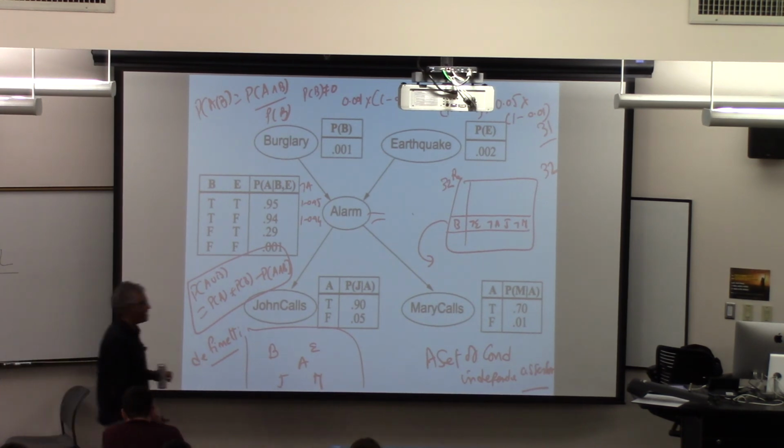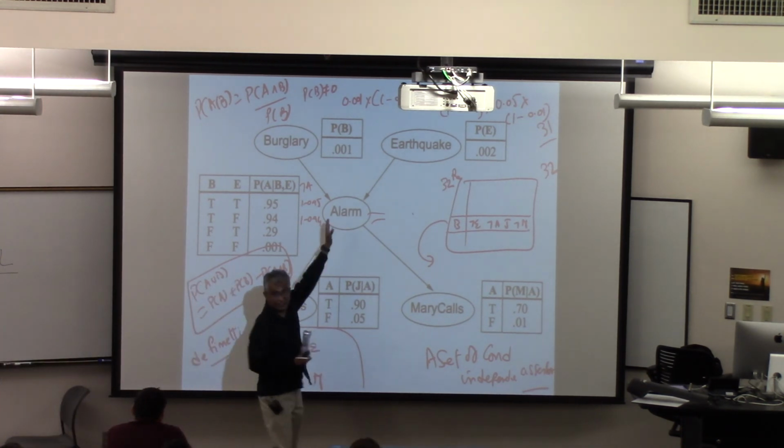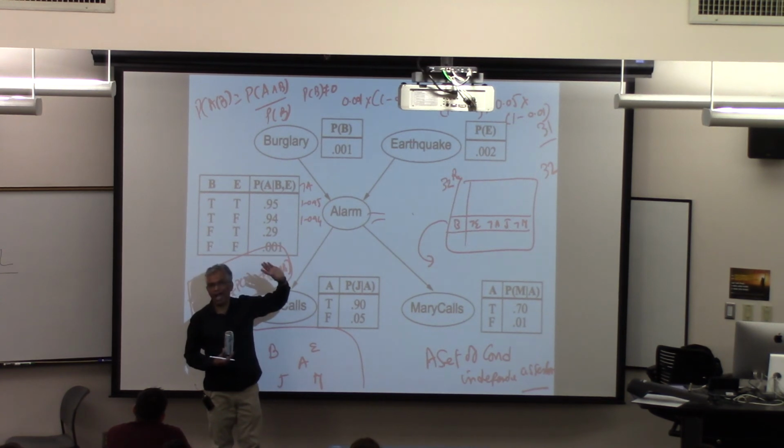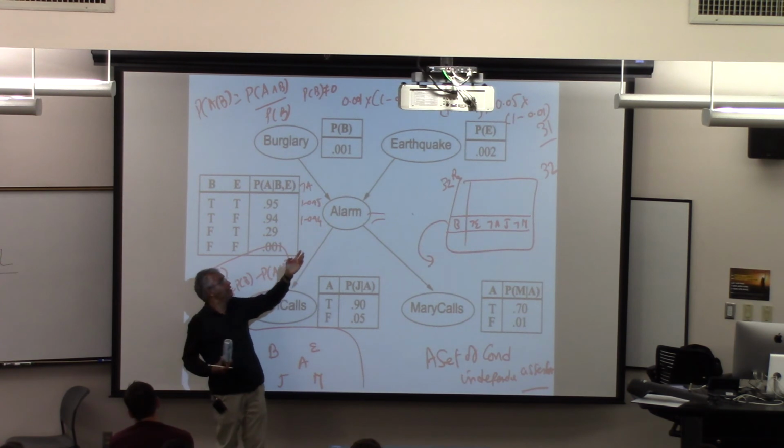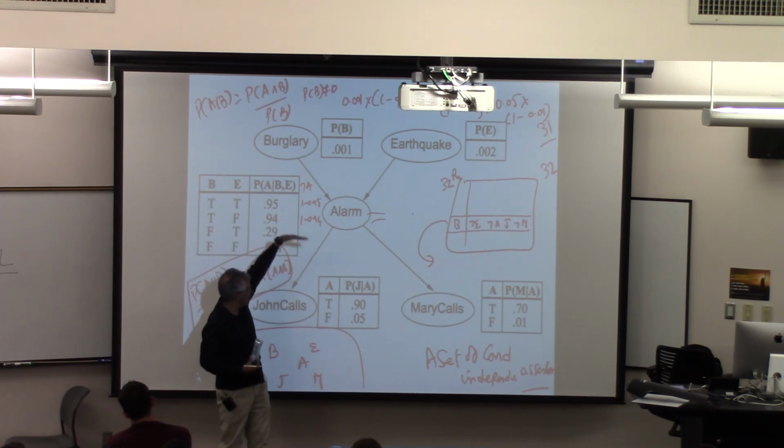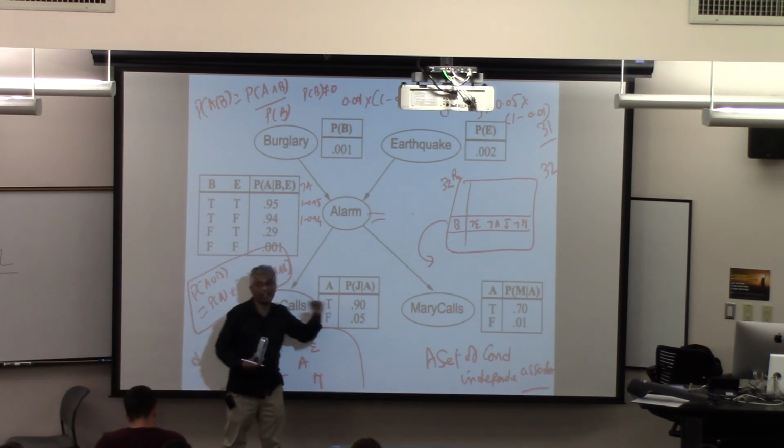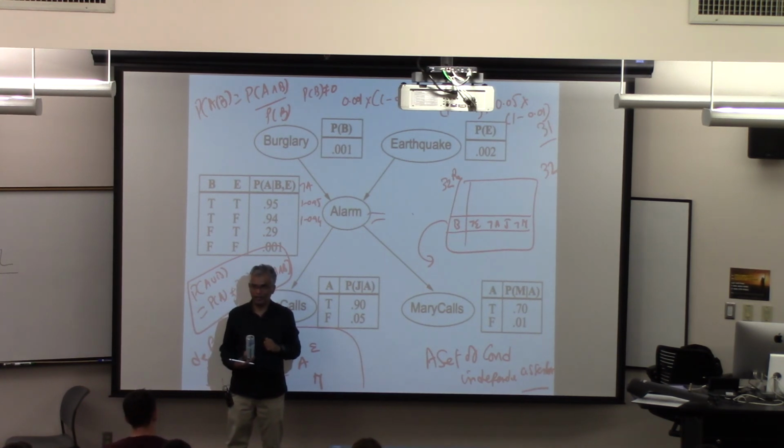So typically I might ask, what's the probability distribution of alarm given burglary is true, earthquake is true, John Calls is true, Mary Calls is true? You see what I'm saying?